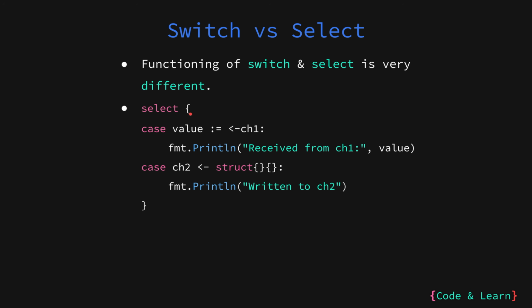This is not the case with the select statement. Here, each case is evaluated simultaneously. Whenever channel 1 has a value to be read from, or you can write to channel 2, the code block will be executed depending on which one is available. And as we saw earlier, if none of the channels are ready, the whole select statement will block.